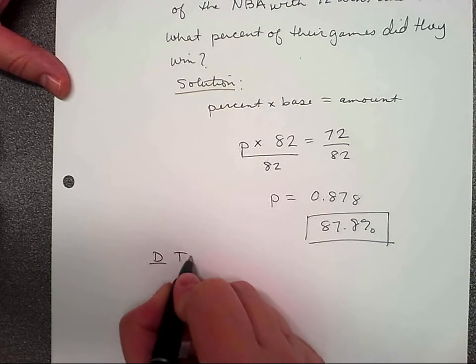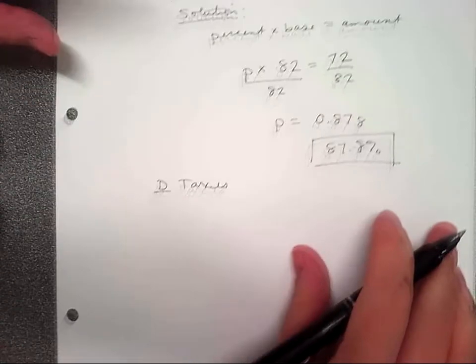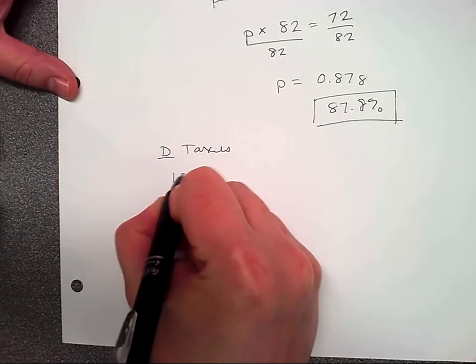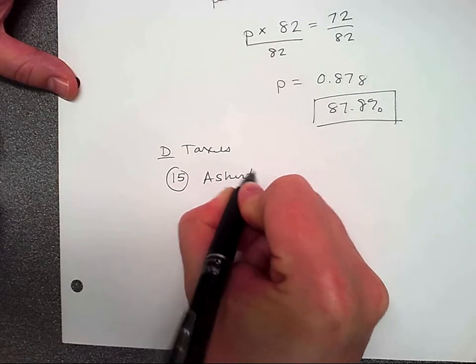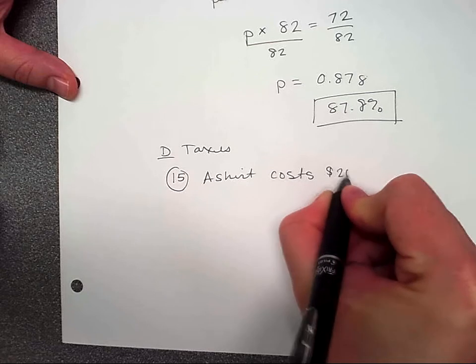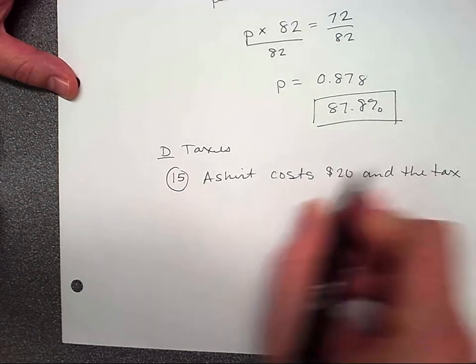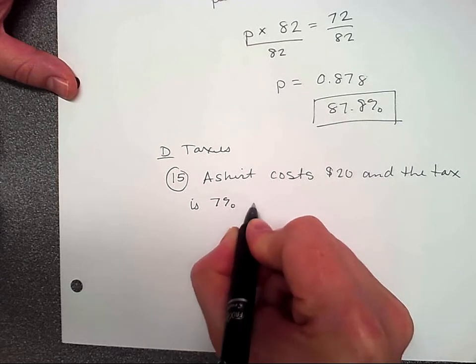Okay, let's talk about taxes, also relevant. Number 15. A shirt costs $20, and the tax in North Carolina is about 7%.